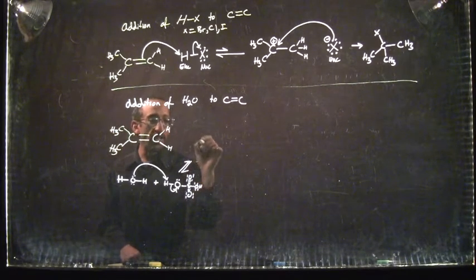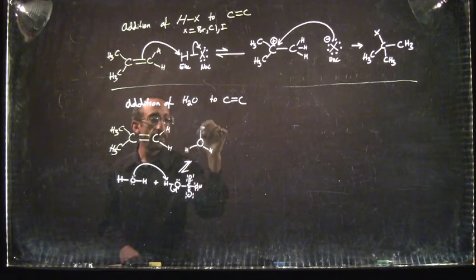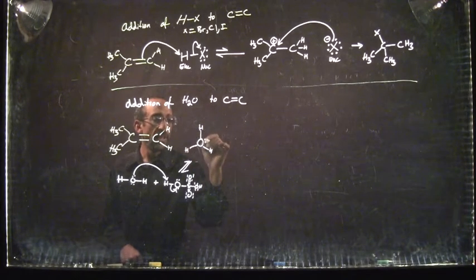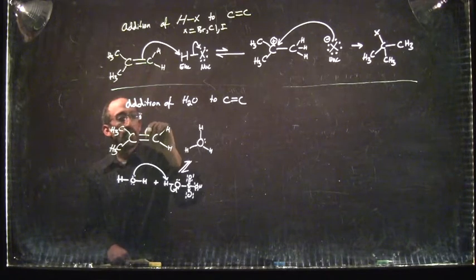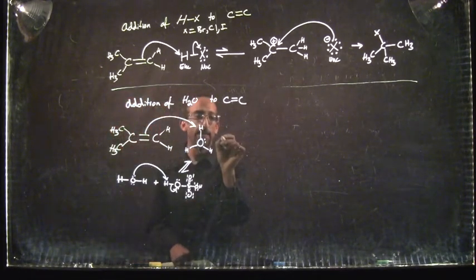It's going to form H3O plus. H3O plus will serve as the proton source for the alkene to be protonated.